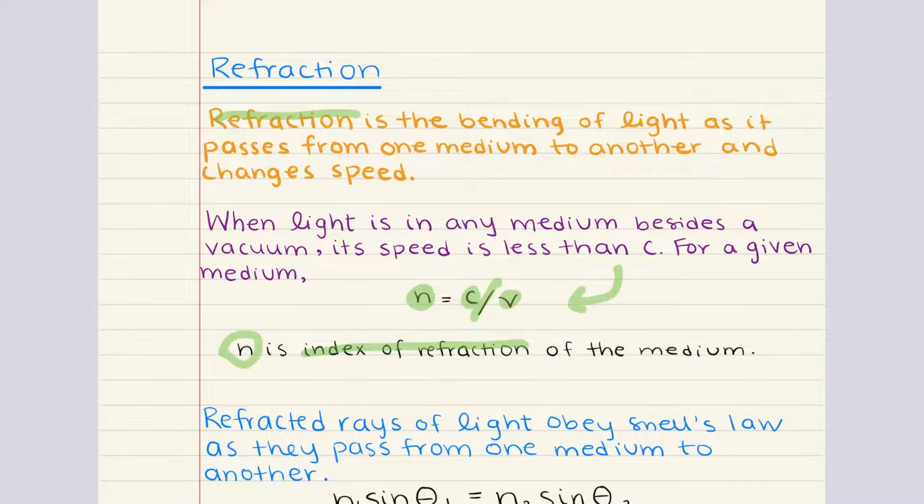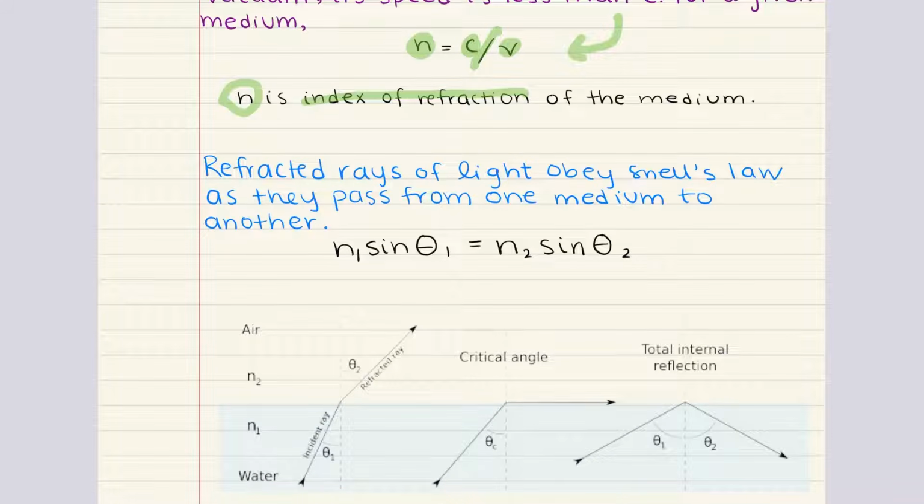Now, when light moves from one medium to another, for example, from air to water, its direction changes due to this difference in speed. This bending of light at the interface between two media follows Snell's law, which is given right here.